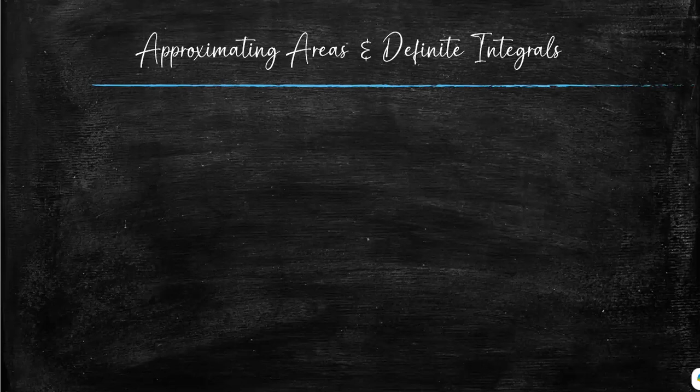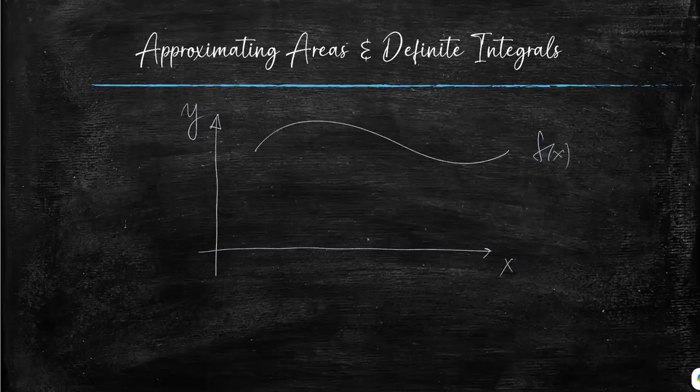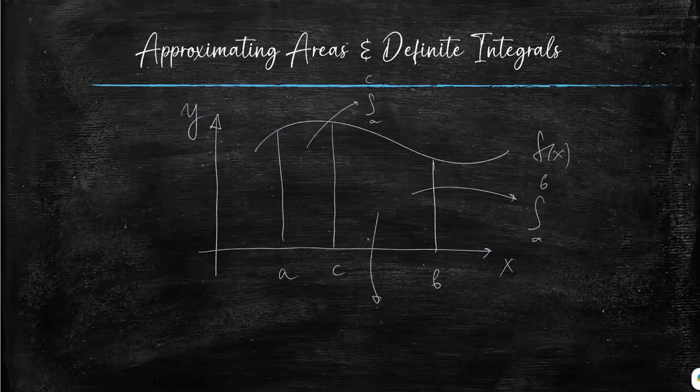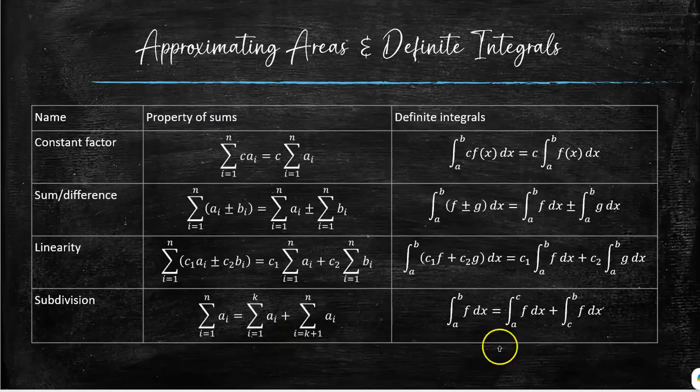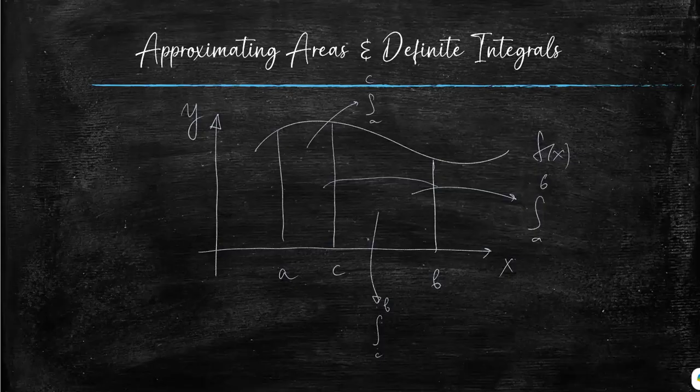So pretty much subdivision says if you have the area from A to B, which is what we expressed with the integral from A to B, you can pick some value C, and if you do that, then this area is expressed by the integral from A to C, and this area is expressed by the integral from C to B. So if you look back to that property, it says the total area from A to B is equal to the area from A to C plus the area from C to B. Duh, right?